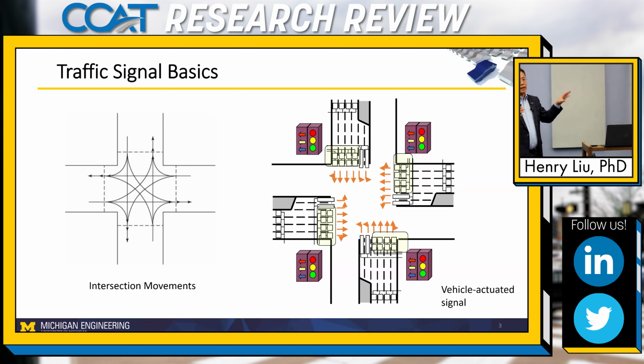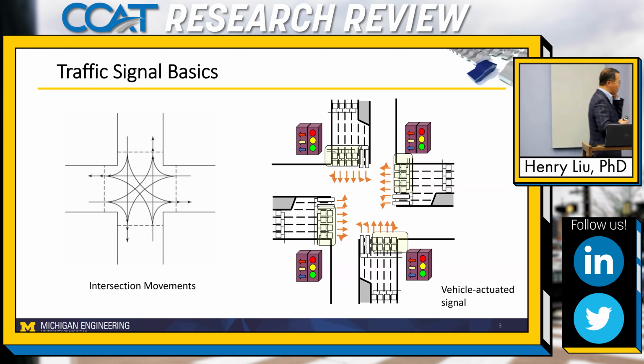That's the basics of traffic signal operation. We're trying to time these signals in a way that avoids all these conflicts, and at the same time is as efficient as possible. These times of the traffic signal phases we call the signal timing plan in the traffic control area.